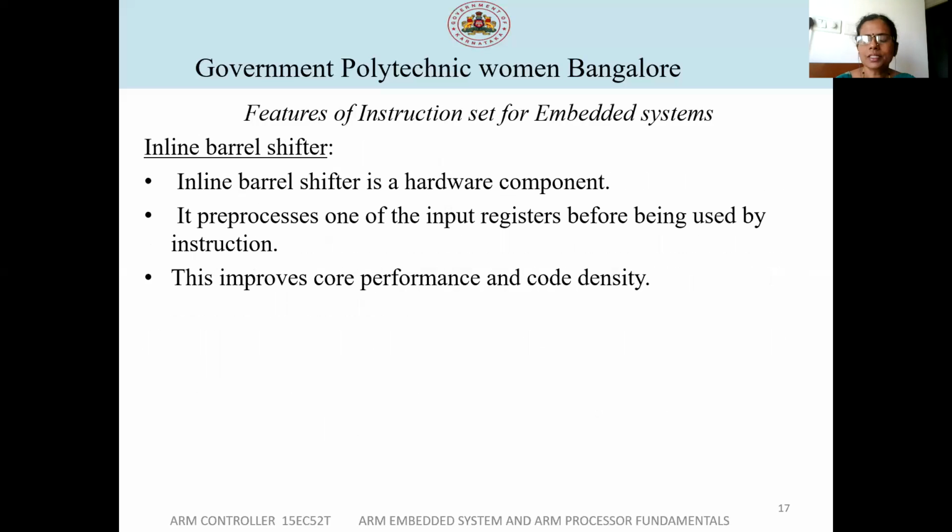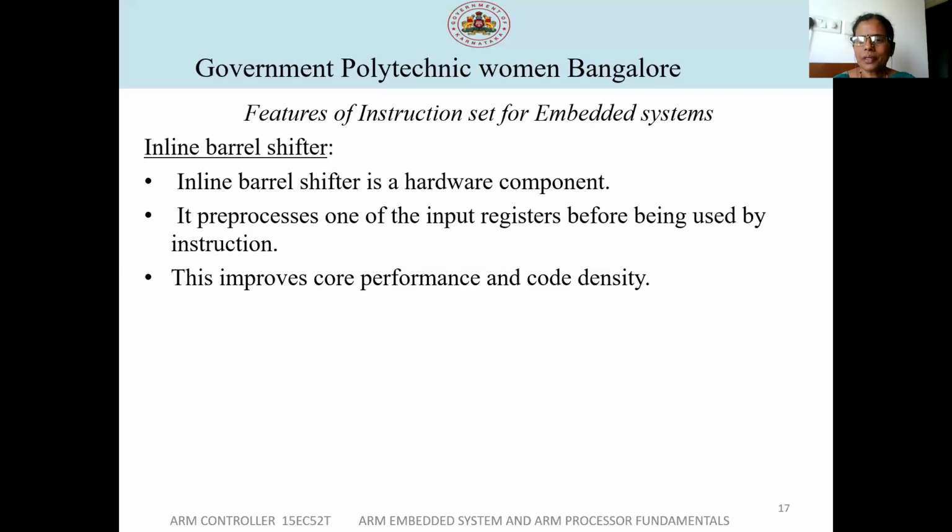The inline barrel shifter is another feature of the instruction set. Inline barrel shifter is a hardware component. It pre-processes one of the input registers before being used by the instruction. Due to this, the core performance is improved and the code density is improved. So in inline barrel shifter, what happens?